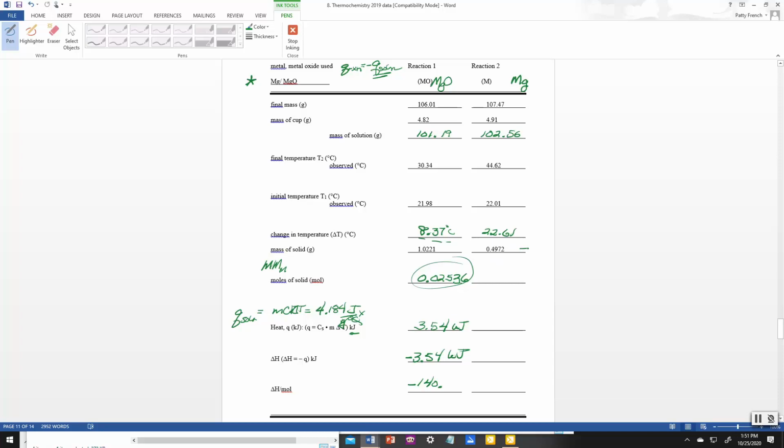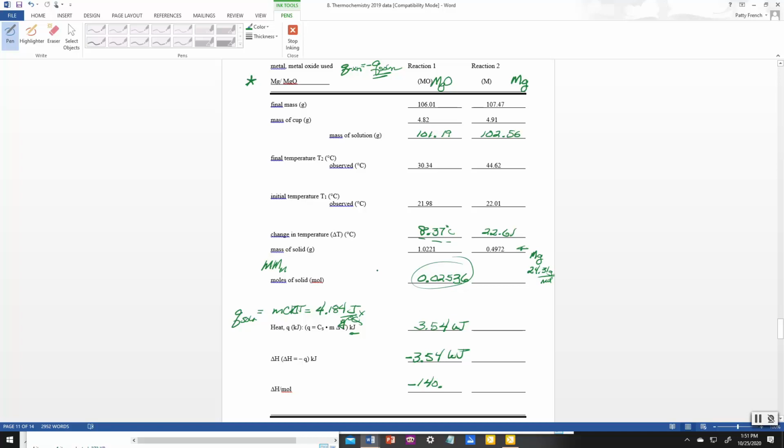Now, for magnesium, we were only supposed to use around a half a gram, so on the analytical balance it came out to be 0.4972. Now be careful, because now we're using magnesium, whose molar mass is 24.31 grams per mole.